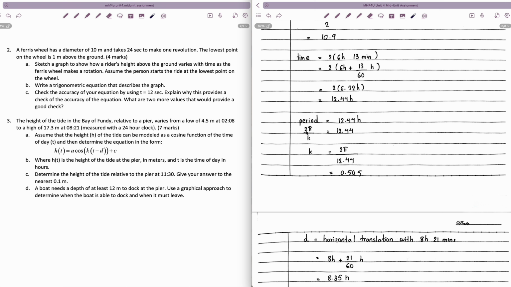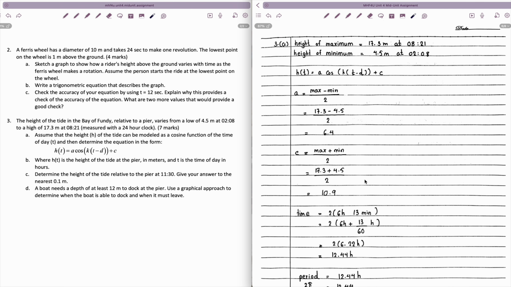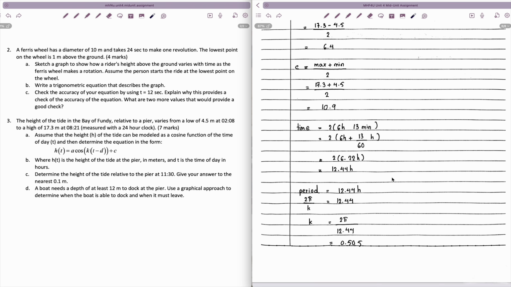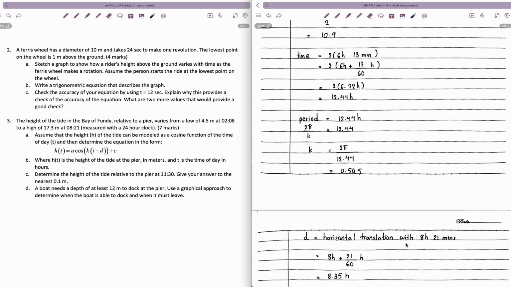The equation of the period is 2 pi by k, and we get k is 0.505. The maximum height is at 8 hours 21 minutes, so we find the horizontal translation, which is 8 hours 21 minutes.